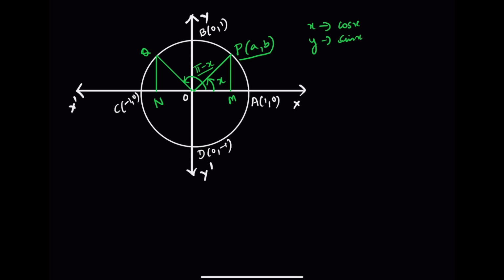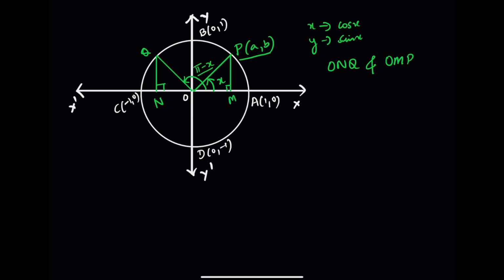Now we have two triangles here, which are ONQ and OMP, and because we extended PM and QN, they are perpendicular to the x-axis. These two are right angled triangles.